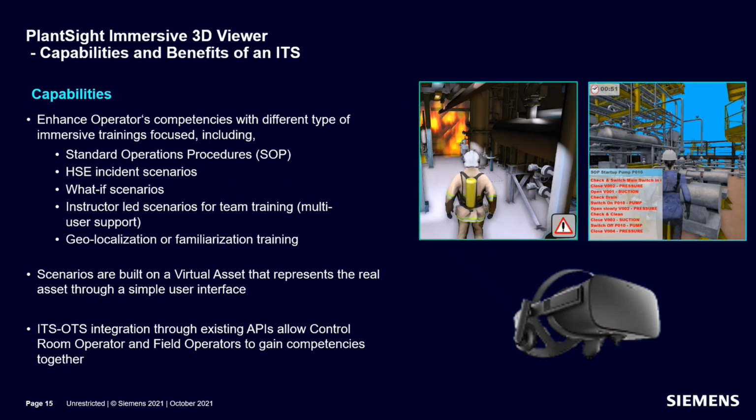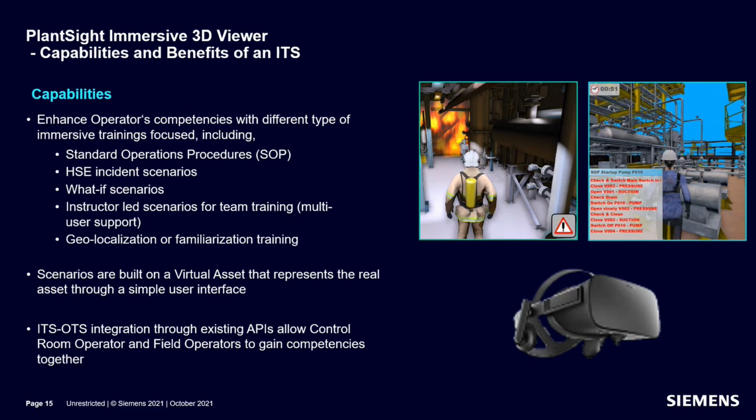Again, looking at some capabilities here, we're looking at standard operating procedures, which allow you to double check that the work packages that you've put together to do these is right first time. The HSE incident scenarios, that your people will react in the correct way when incidents occur.